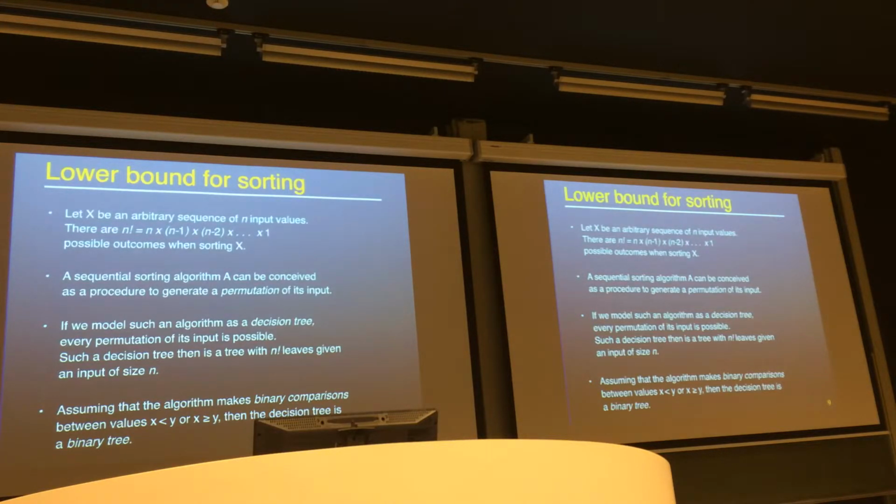That's the final result of sorting. And more in particular, we compare values x_i less than x_j or x_i at least as large as x_j. And if we make such sequential decisions, then finally, from the top of the tree, we should end in such a leaf.